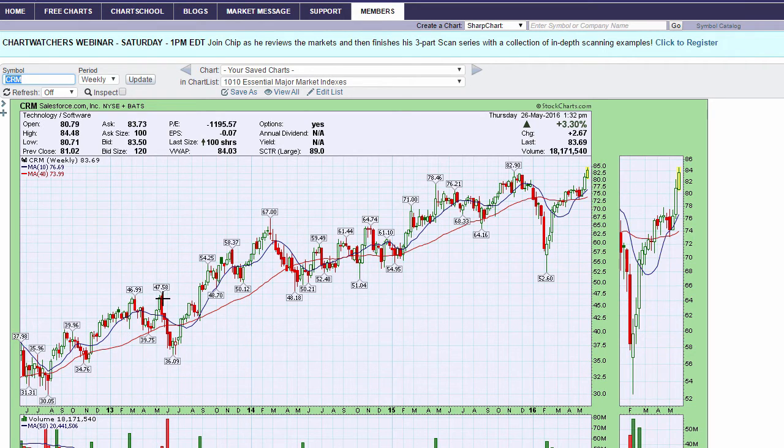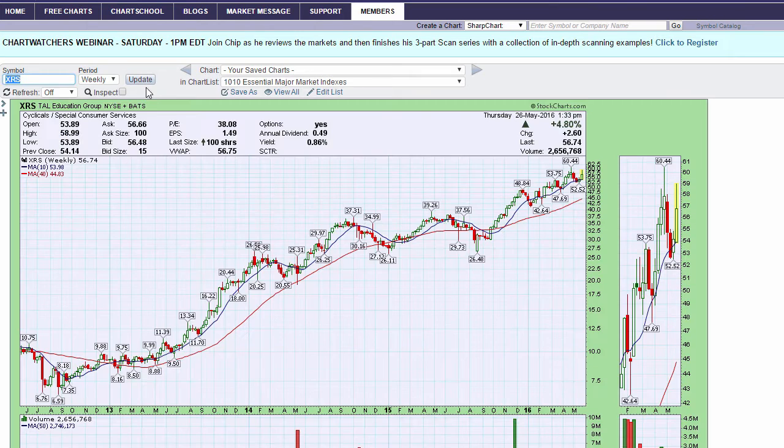So you got some sellers stepping in at 47, slammed it down, weekly upside reversal, takes off from about 40 bucks all the way up to 58 before it really starts to retrace again. Okay, and then boom, at the bottom it happened again. This is a good example because it happened a lot of times on this stock. Just a simple bottom timing strategy.